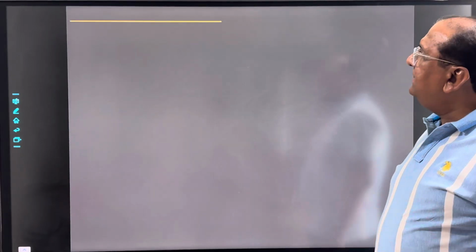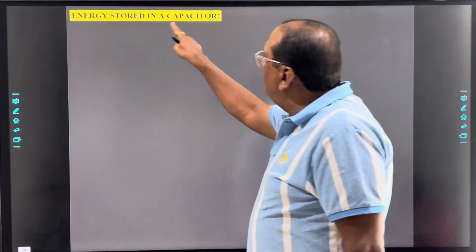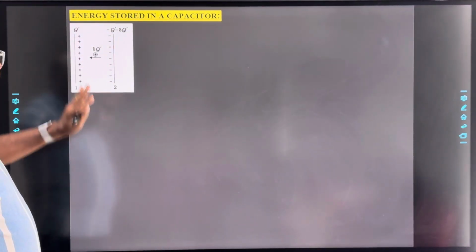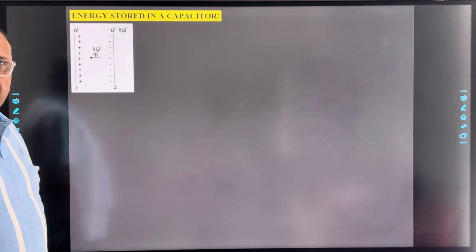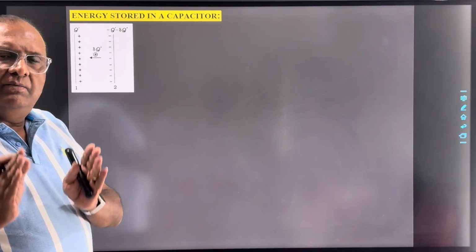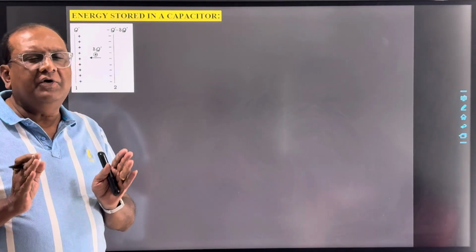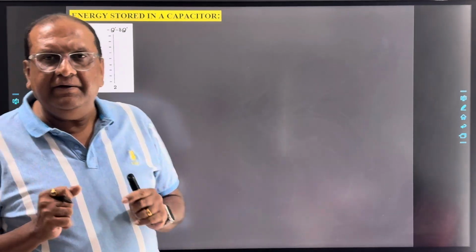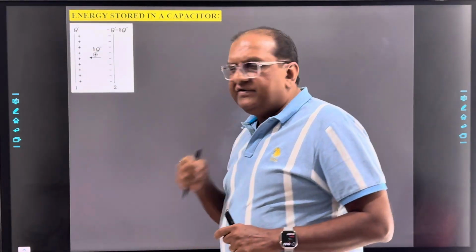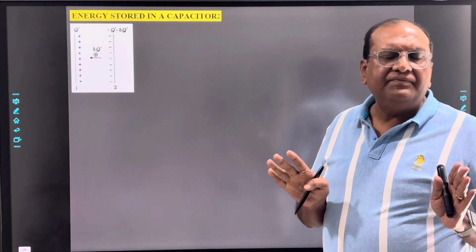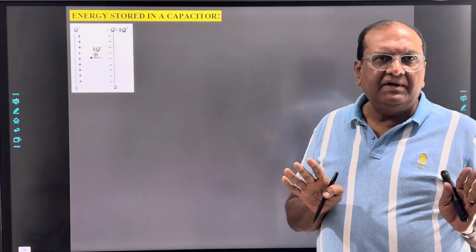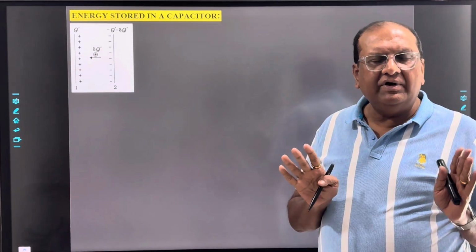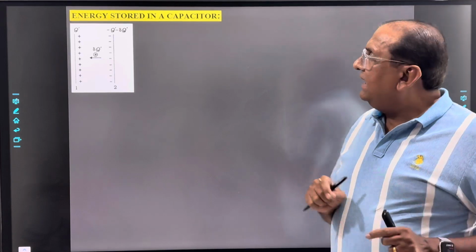Now the next topic is energy stored in a capacitor. Suppose we have a parallel plate capacitor and we want to deposit charge Q on it. Initially the two plates are neutral, with no charge on either plate.